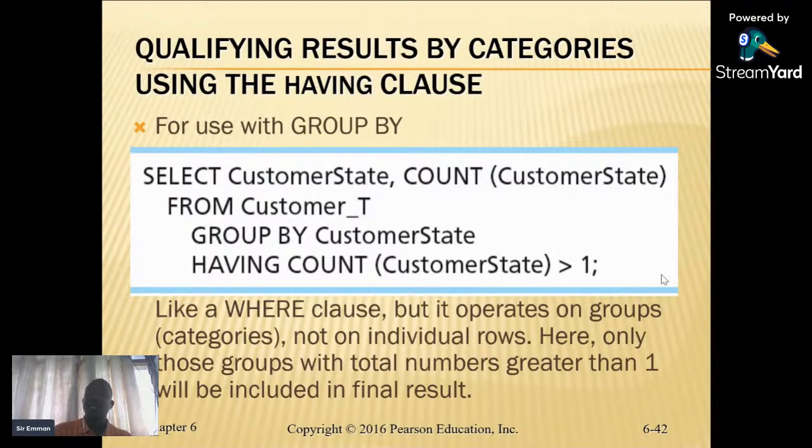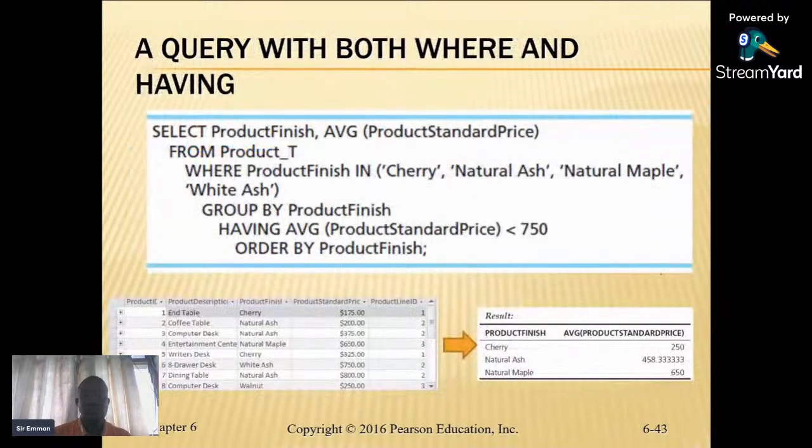It's like a where clause but operates on groups, not individual rows. Here we have this, and when you look at the query from that table, this is the result we're going to have.